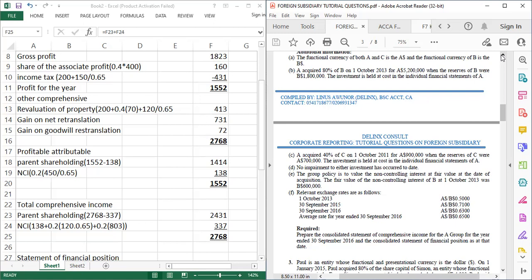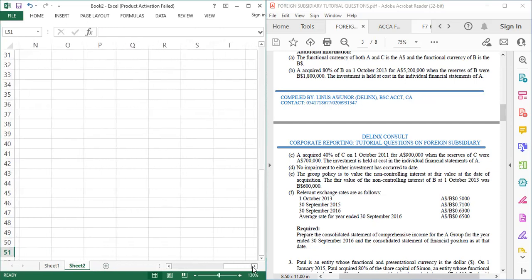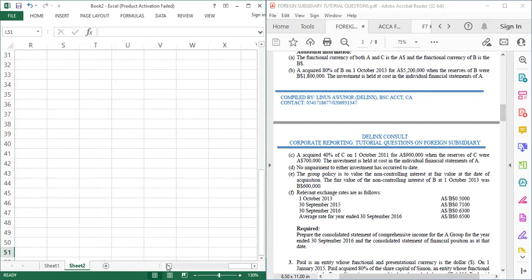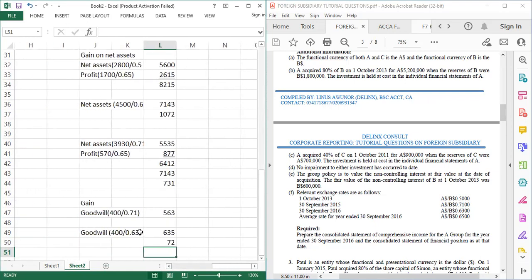But if you also want to show how the standard recommends it, find a gain on the net asset, then you find a gain on the goodwill like the one we have done over here too. No problem. At the end of the day, the gain that you get, you share it among the NCI and the parent.